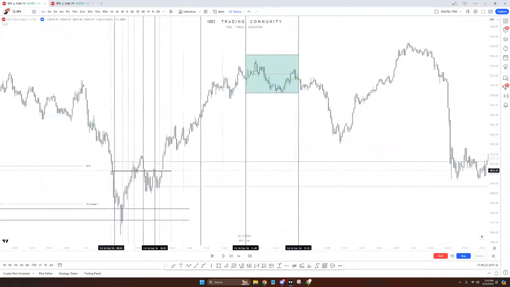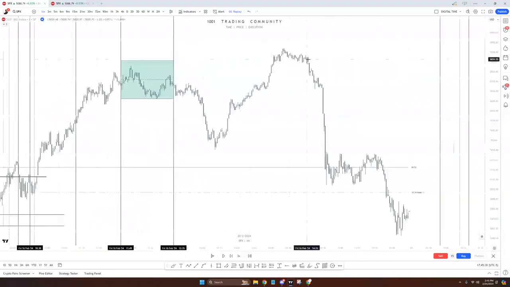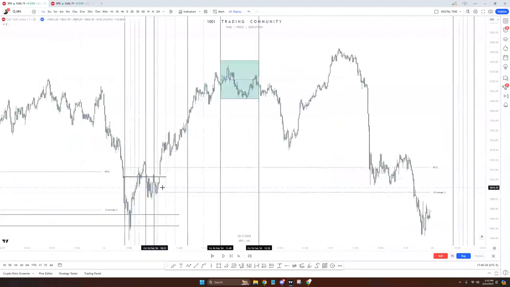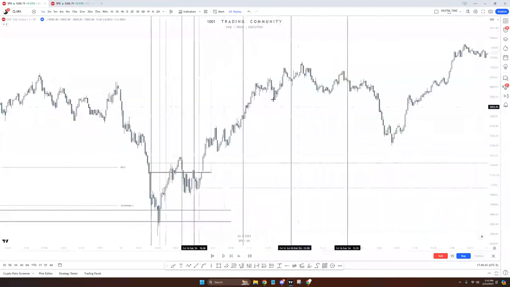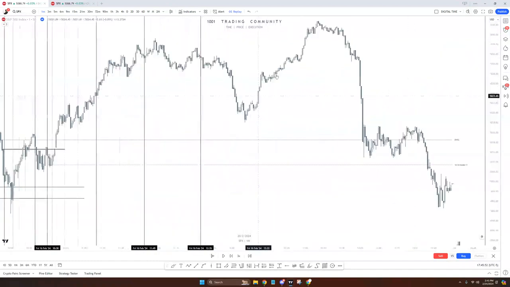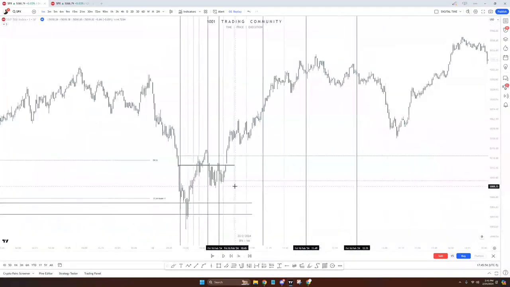Because Model 3, 9, 7, 3, 9, 7. We're skipping this area here. This is just being used for continuation of Model 11. So we're skipping this. That's why it's 3, 9, 7 in this example.